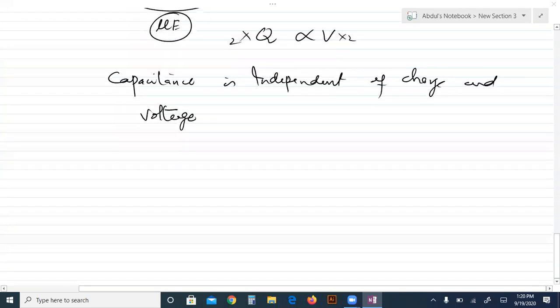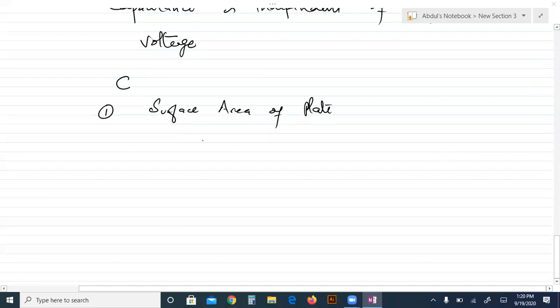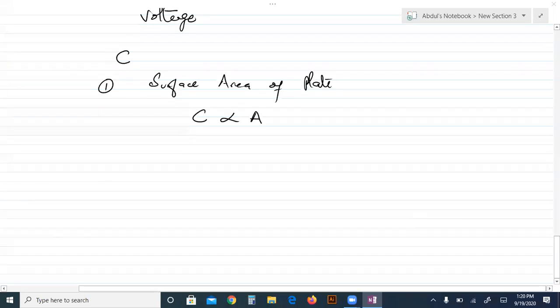Then the capacitance C, number one, depends on the surface area of the plates, because the charges are stored by the plates. So it is directly proportional to A. Capacitance of the capacitor is directly proportional to surface area of the plates.